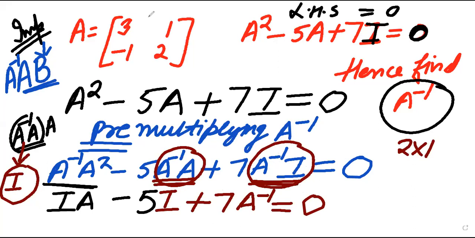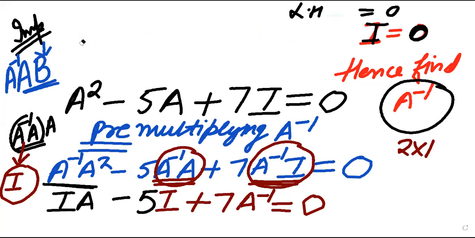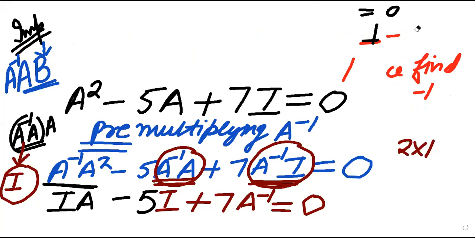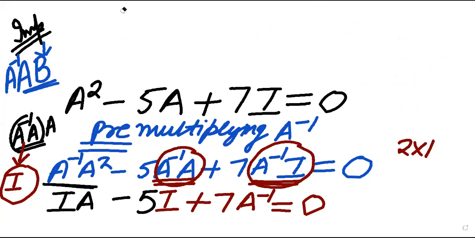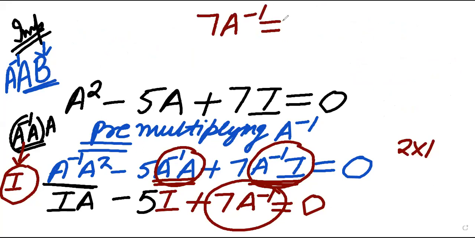Now, the next step. We have 7A inverse. Can we find out the values here? Yes. I will keep 7A inverse on the left-hand side and take the rest to the other side: minus A plus 5 into identity.